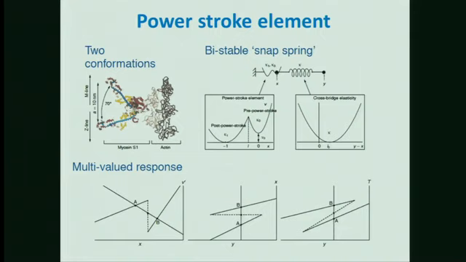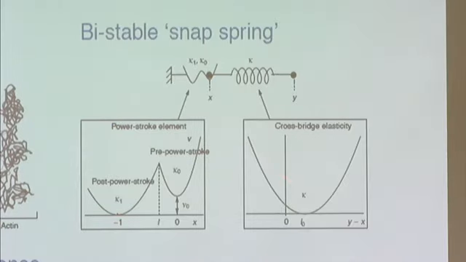Now we can model it very simply. So each head is a bistable element and a spring, because it has elasticity. So we have a bistable element that can be modeled by piecewise quadratic energy, and there is a linear element that can be modeled by quadratic energy. Now, it's a bit tricky system because, for instance, if we control this y, the response is multivalued.